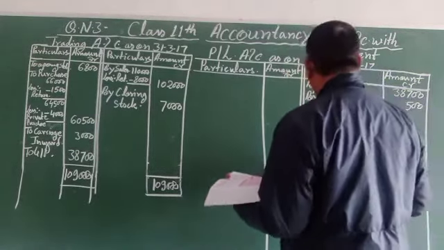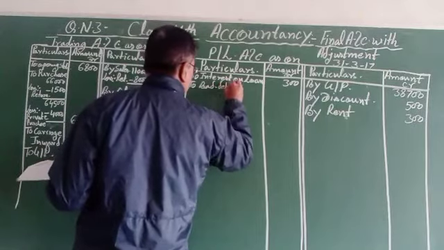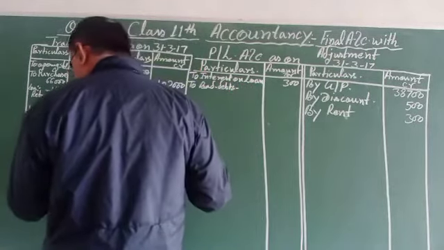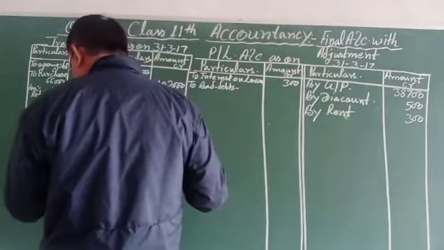Now come to the point, 2 bad debts. Bad debts, that is given 500 inside the profit and loss account. This way we have to adjust whatever additional information is given regarding adjustment.